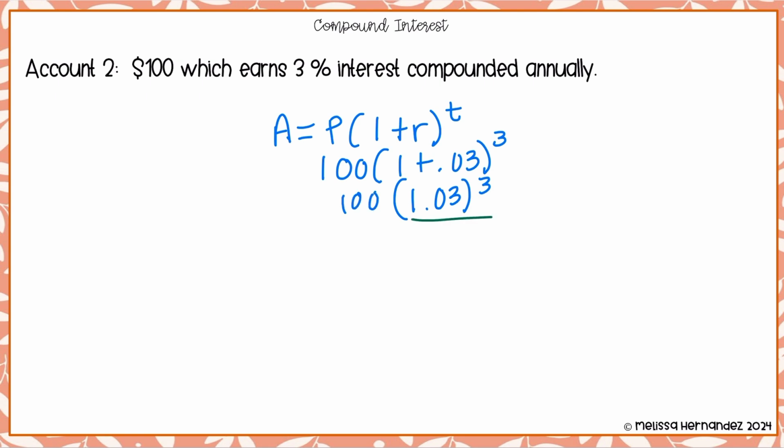I'm going to put this in the calculator to the 3rd. And this would give me 1.092 roughly. And if I wanted to round that one, it would be 3. Times this by 100. Now this will give me the balance.